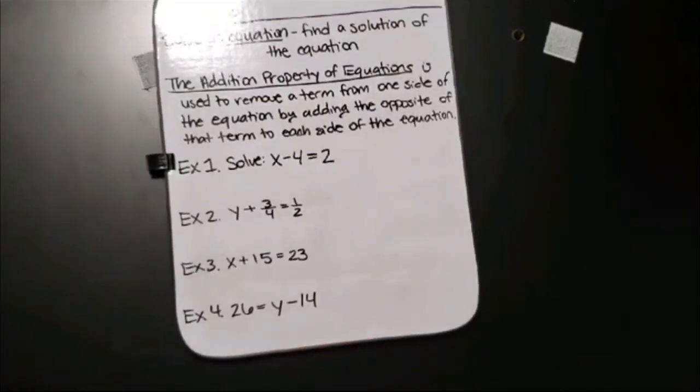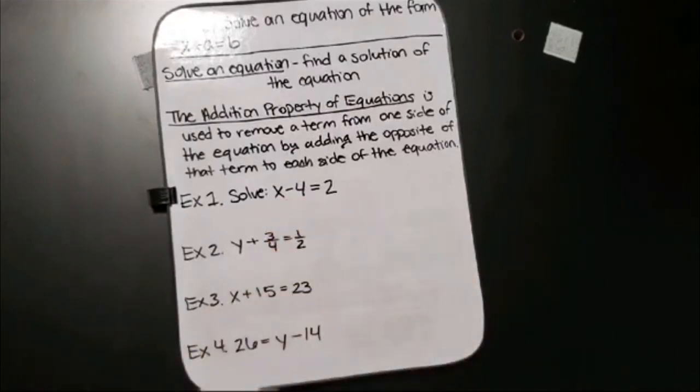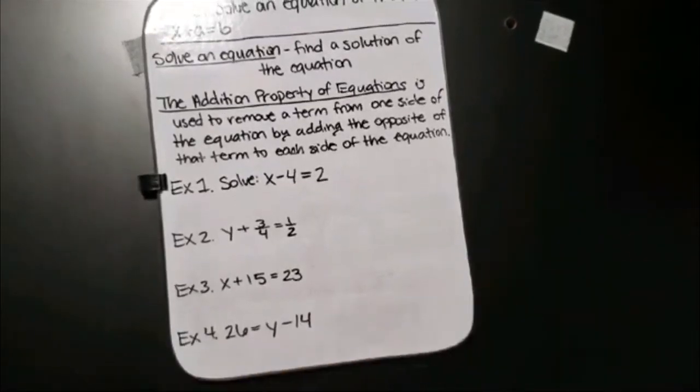So for example, number 1, we have x minus 4 equals 2. So when solving an equation, the equation is solved when we have x equals something. So our end goal is basically to get x by itself. So an easy way to think about this is, what is stopping x from being by itself?